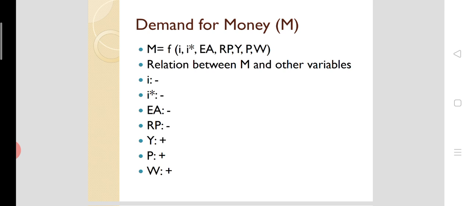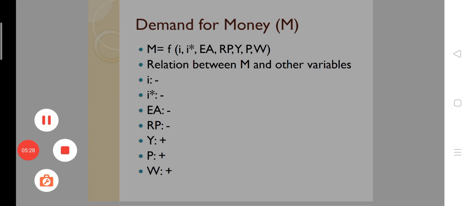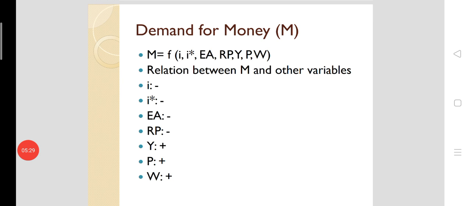In order to avoid that loss, the risk premium could be paid. So when the risk premium to be paid on foreign bond is higher, more money will have to be spent for paying the risk premium. Then demand for money will come down for sure.